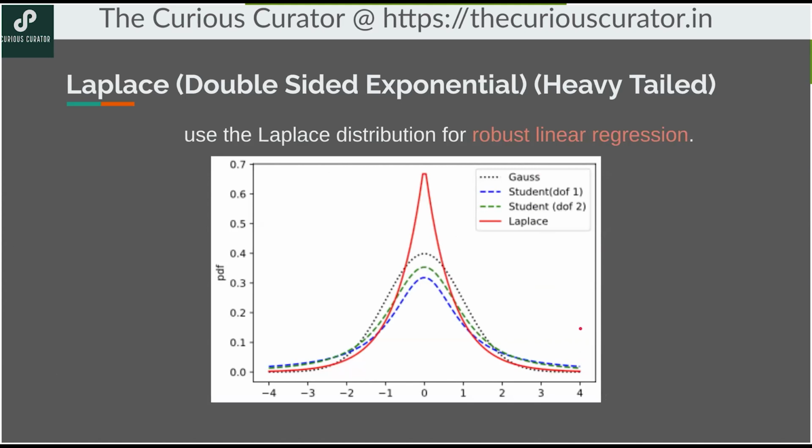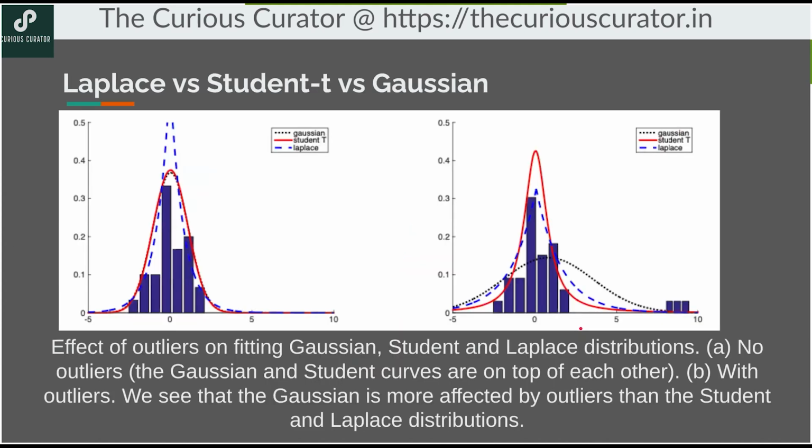So when we say that Laplace is better, in the graph it is Student t that is better. I didn't say Laplace is better. I'm saying Laplace is popular. Okay, fair enough. Yeah.